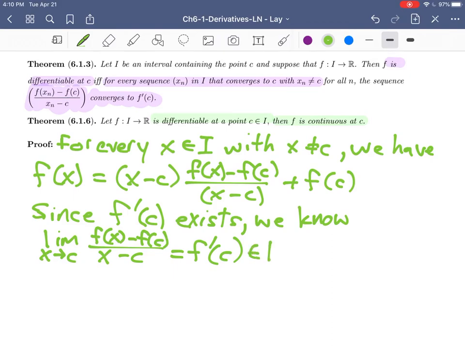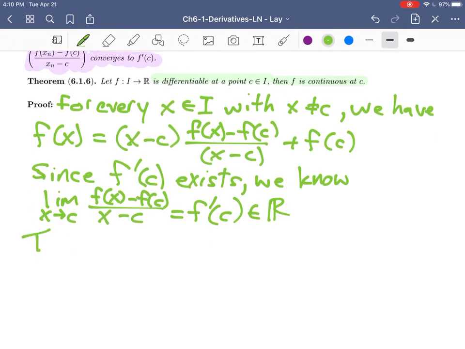This is some value in the real numbers. Okay, so what does that tell us?